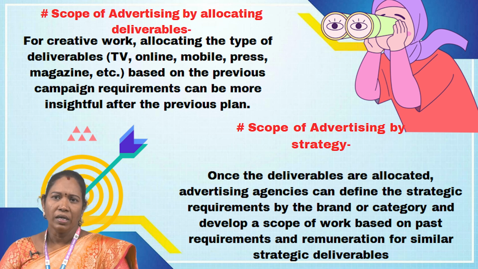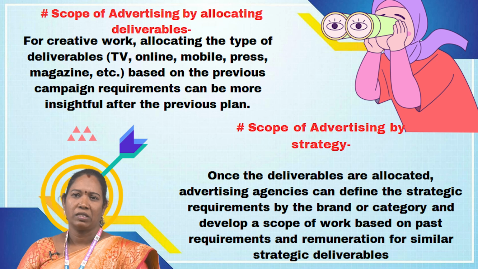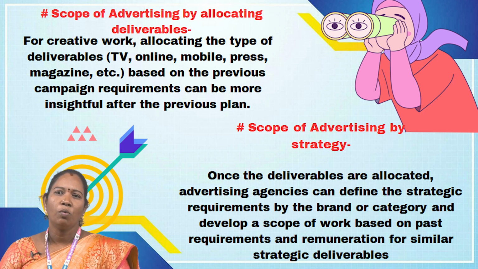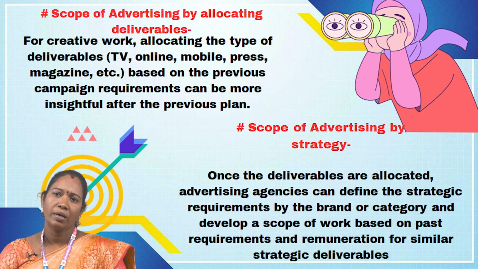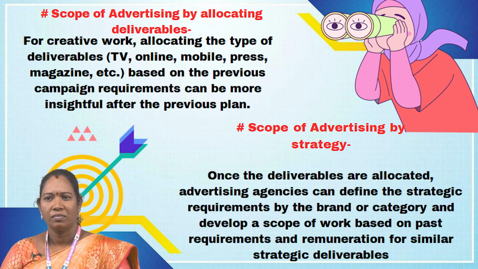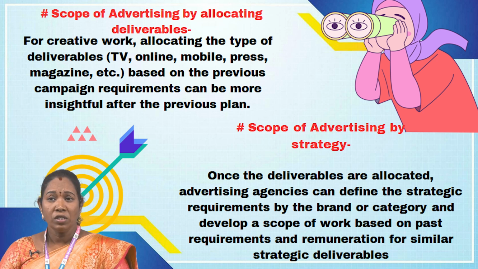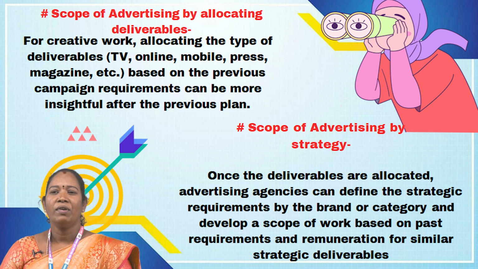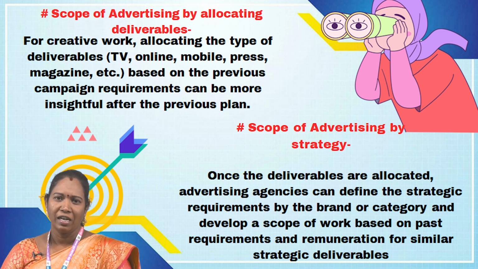For creating work, allocating the type of deliverables, for example, television, online, mobile and press, magazines, etc., based on the previous campaign requirements, can be more insightful after the previous plan. The next one is the scope of advertising by strategy. Once the deliverables are allocated, advertising agencies can define the strategic requirements by the brand or category and develop a scope of work based on past requirements and remuneration for similar strategic deliverables.